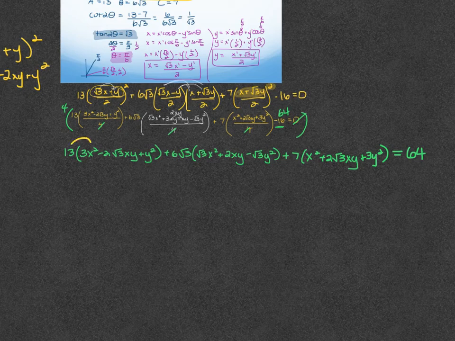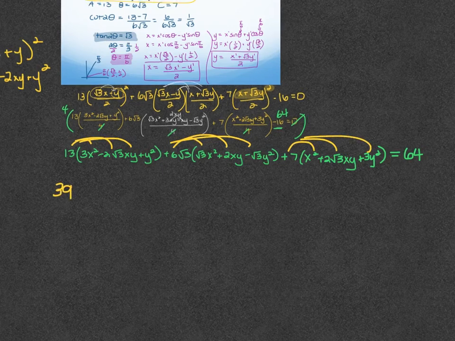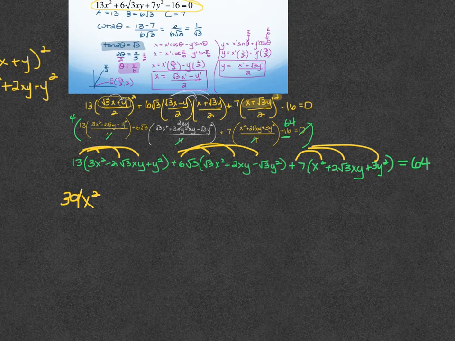Then you have to distribute in on all your terms. So 13 times 3 is 39x squared minus 26 root 3xy plus 13y squared. Go to the next one.